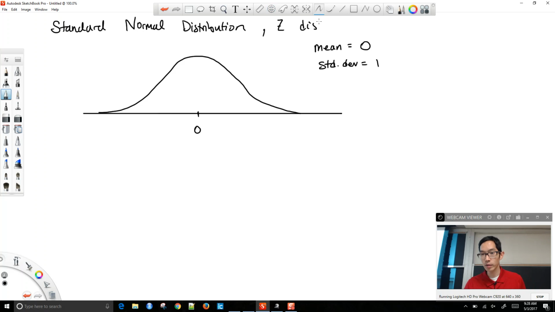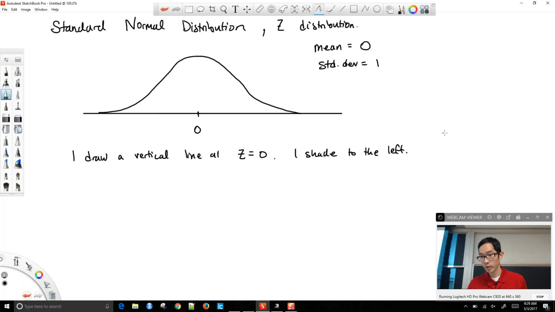If I draw a vertical line at z equals 0 and I shade to the left, so imagine shading everything to the left of 0, how much have I shaded?